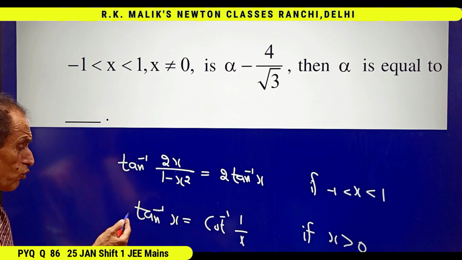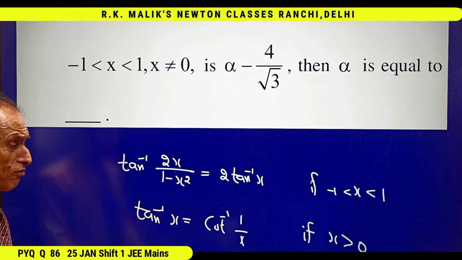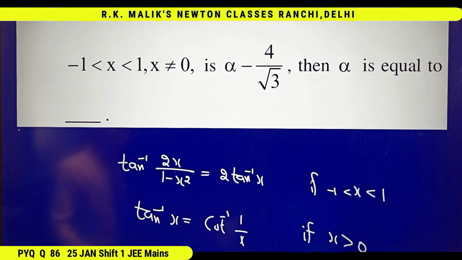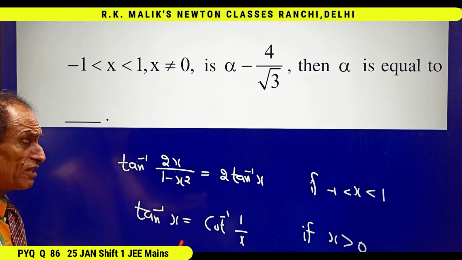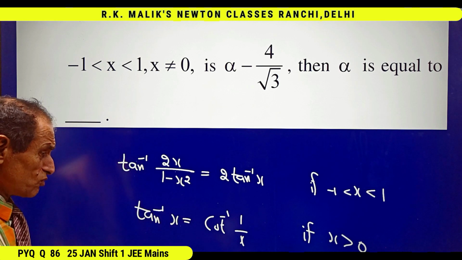And to deal with the questions of tan inverse x when x is less than 0, you will not be required to remember one more formula. I use those tricks which I have explained in my video lecture of inverse trigonometry. With the help of those tricks, you can deal with x less than 0 also very easily without remembering the formula for x less than 0.